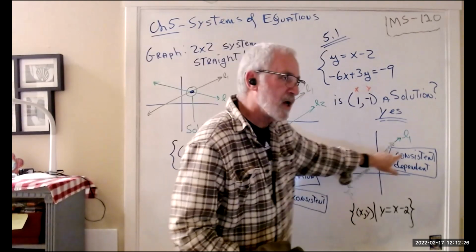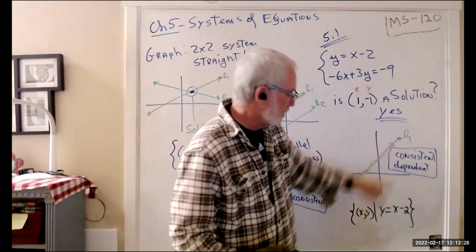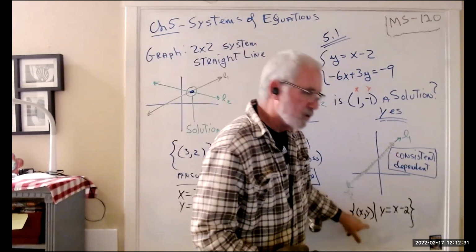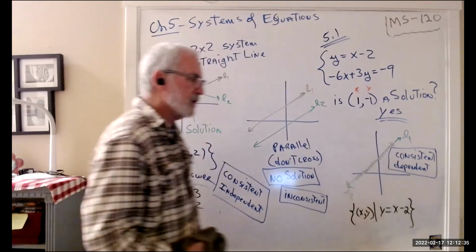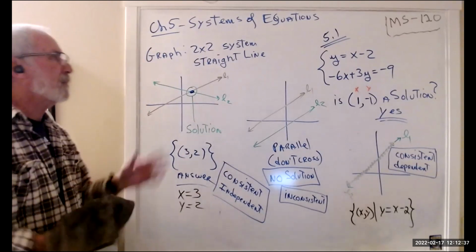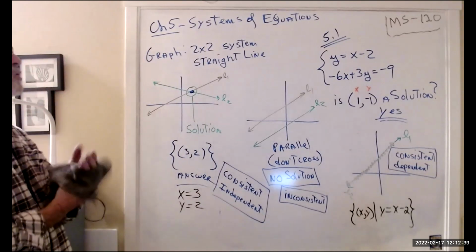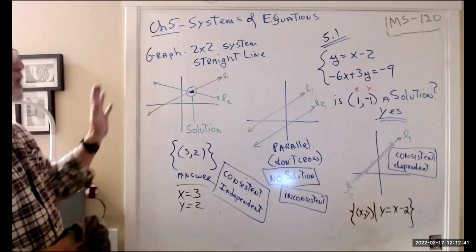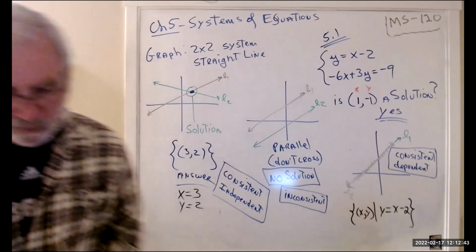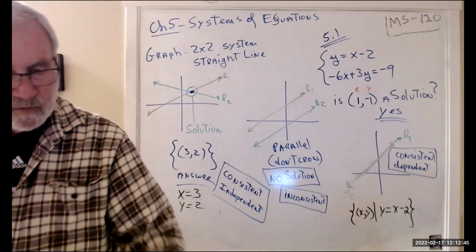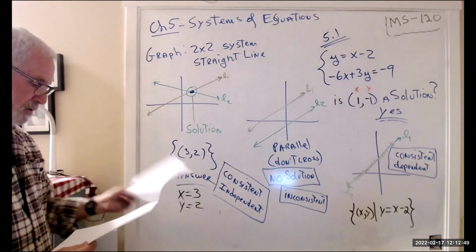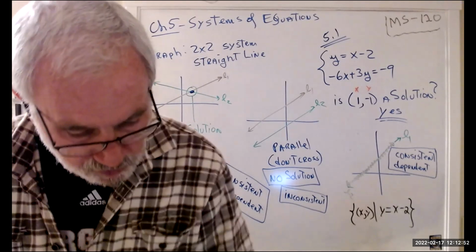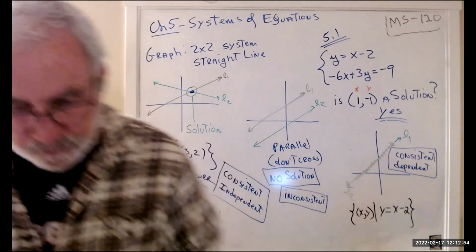If they're the same line, on top of each other, then you come up with some weird one. The homework will tell you how to express your answer. She will say that in the directions. Okay, I need to erase. This is all in section 5.1, all of this. Okay. What is a solution and the types of graphs? Any questions on that?